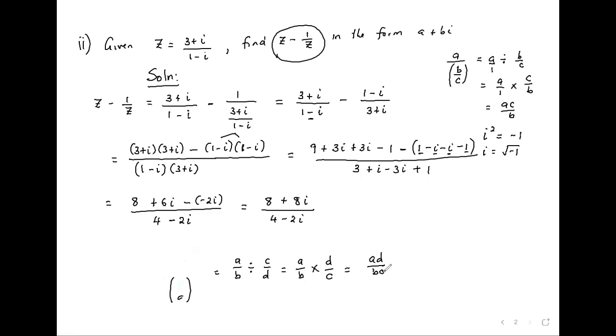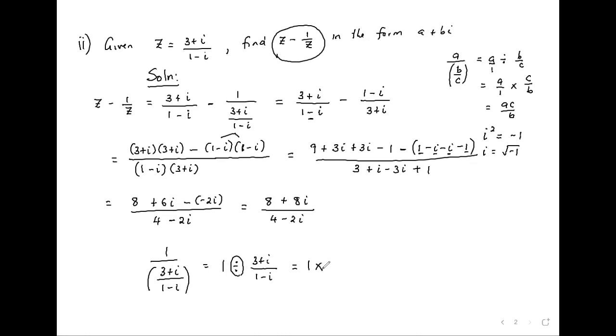I remove this now. I bring 1 over, in brackets, 3 plus I over 1 minus I. This is the same thing as 1 divided by 3 plus I over 1 minus I. I can choose to change this division to multiplication by saying this.